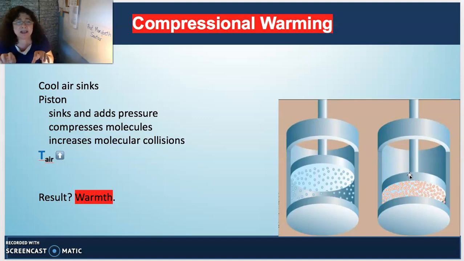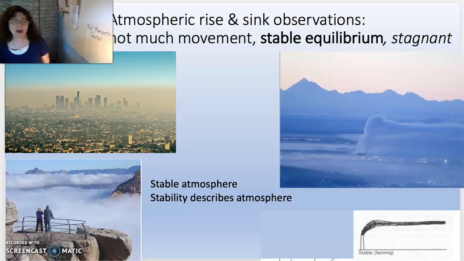As they have less space to move in, they make more collisions. As they make more collisions, they transfer energy among themselves. As they transfer energy among themselves and from the walls, the temperature of the molecules increases. So you have a compacted, compressed, warm parcel at this point. So that's just a review for you on that.